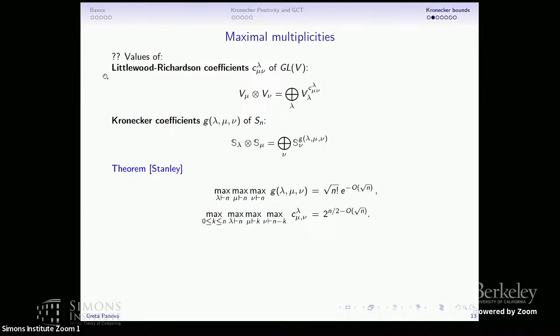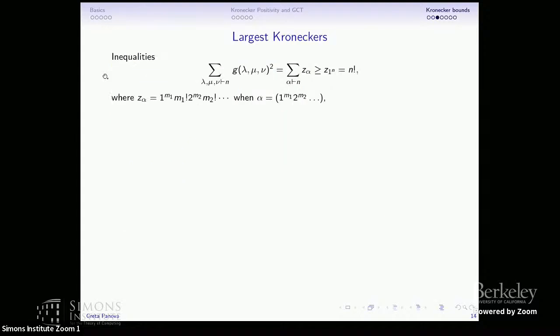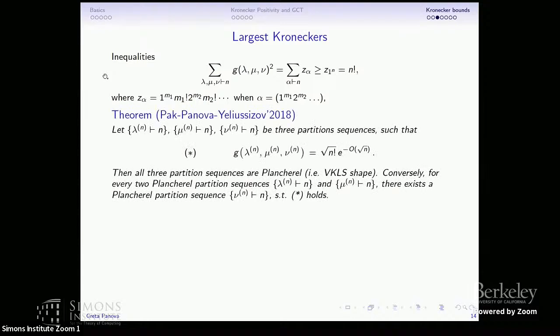And now the question is, can we find for which partitions lambda, mu, and nu these maxima are achieved? So can we actually show any non-trivial lower bound? We looked at this problem a little bit, so we can say something, and this is that if the Kronecker coefficient is going to be large, then these partitions will have to have a very specific shape in the limit, and this is a shape that looks like this, essentially.